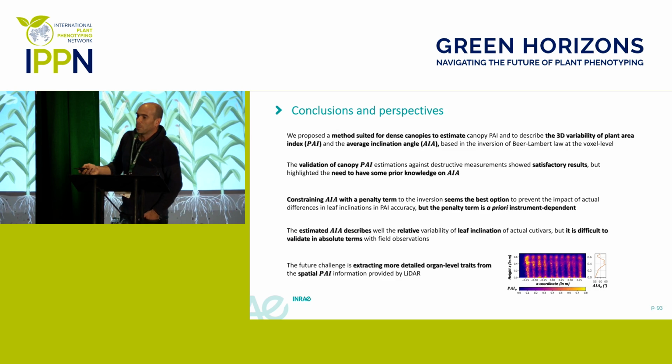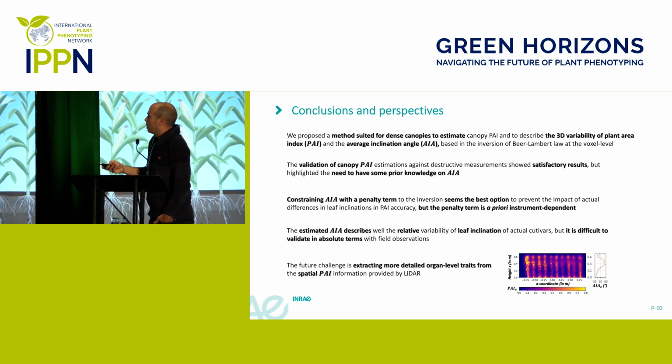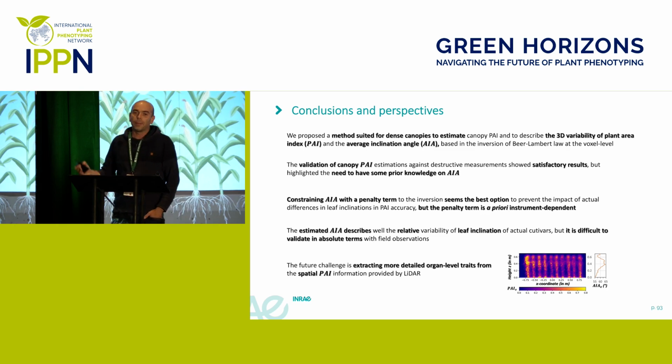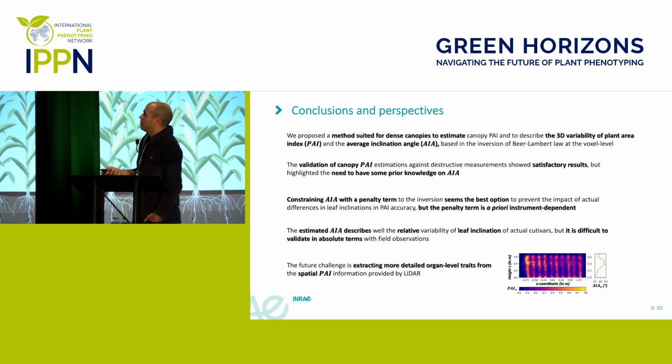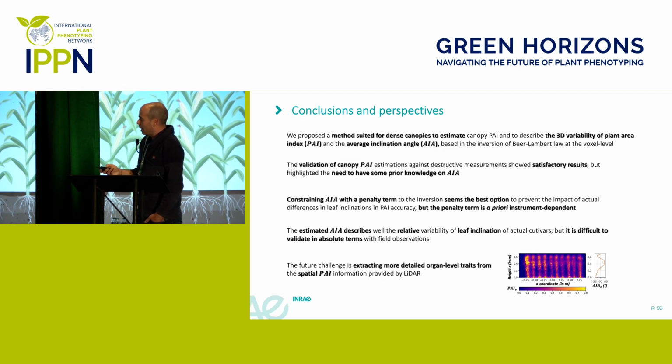So just to finish, some conclusions. We proposed a model for dense canopies that allows describing the variability in 3D of the plant area index and the average inclination angle.